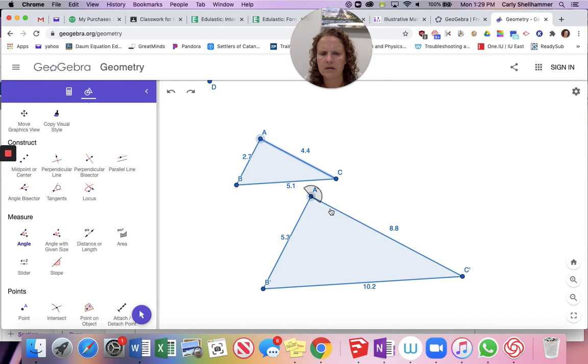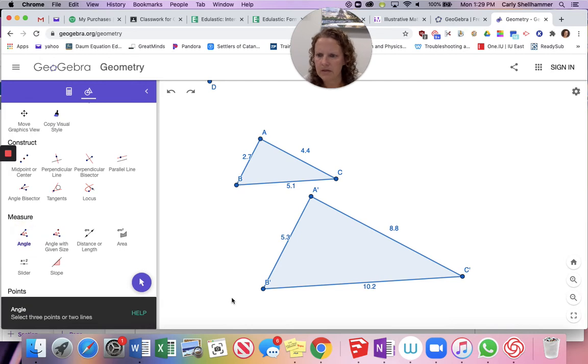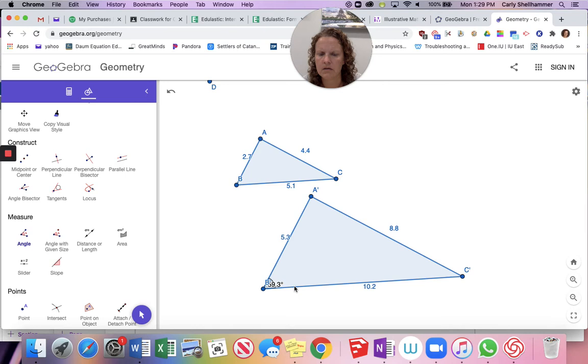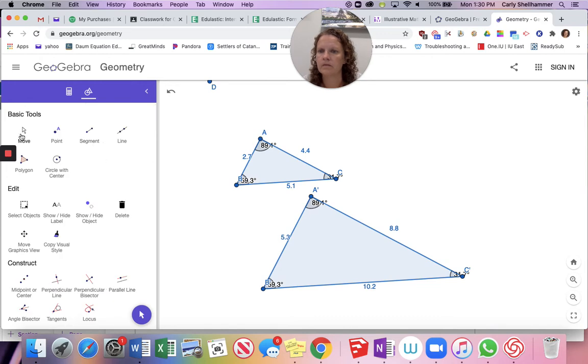I don't know why it's not letting me measure the angles. Select 3 points or 2 lines. Cool. Okay. I could also do this. Let's get them so we can read them.